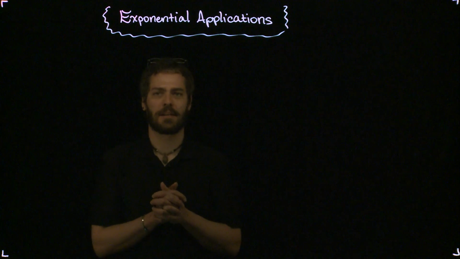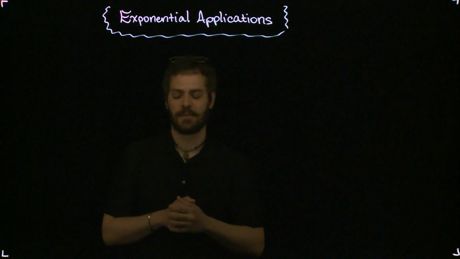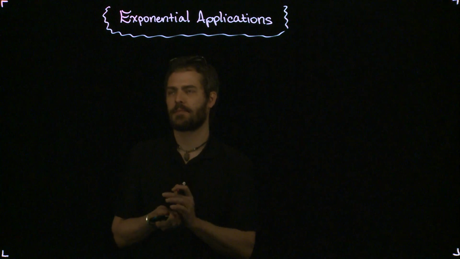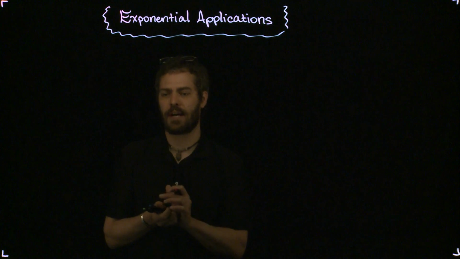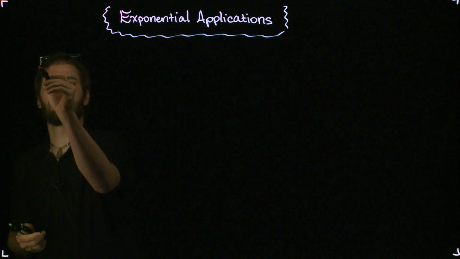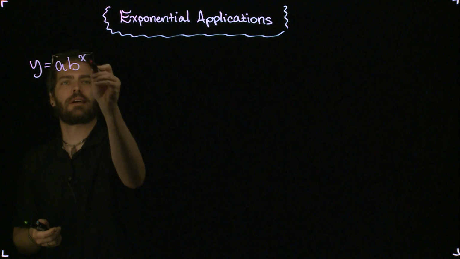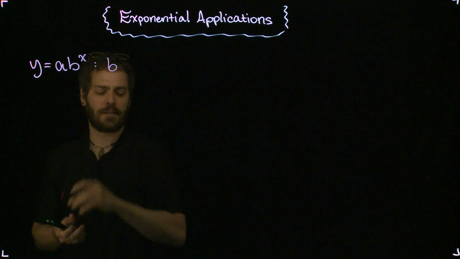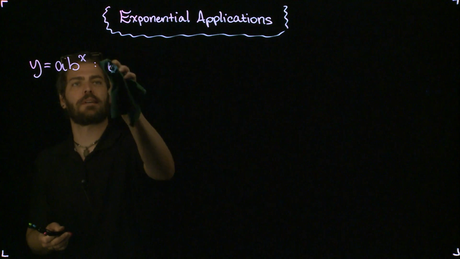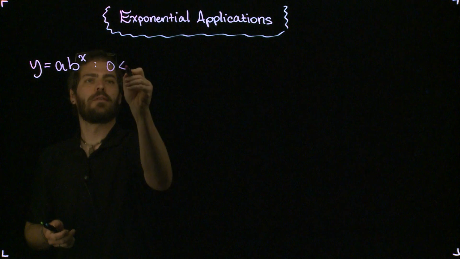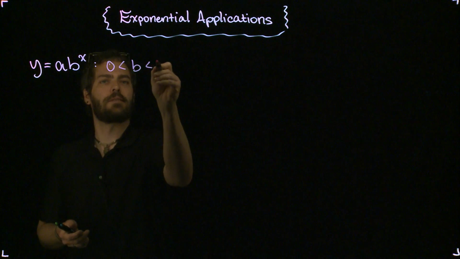Okay, we're back talking about exponential applications, and I wanted to compare the exponential decay using the fraction as our b. So, for example, we had y equals a times b to the x, where b is, let me say, technically 0 is less than b is less than 1.